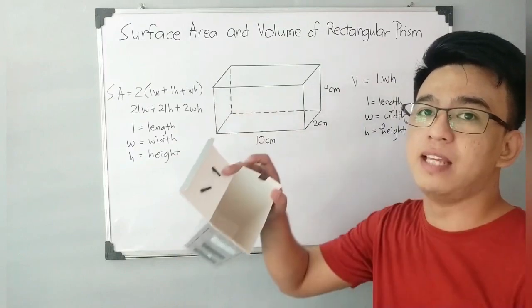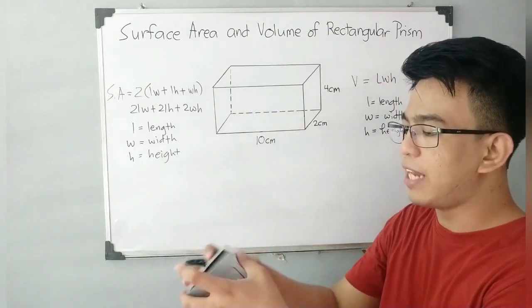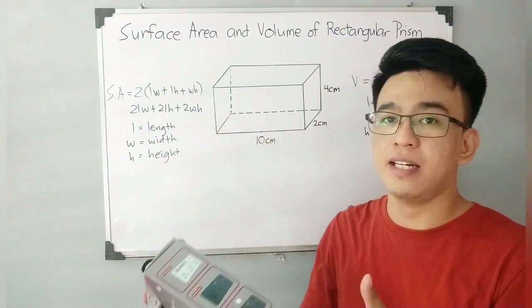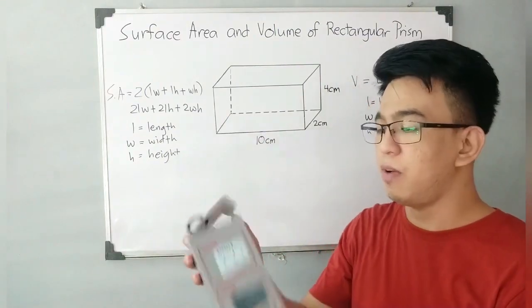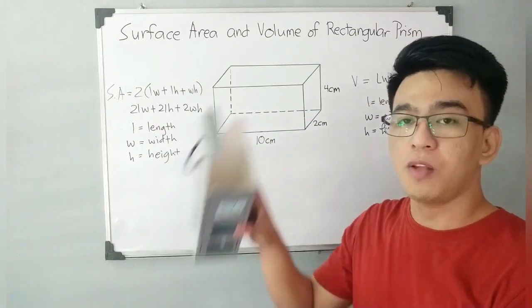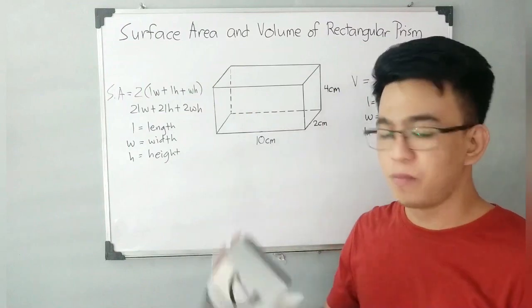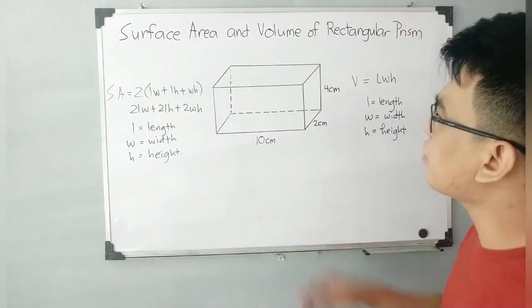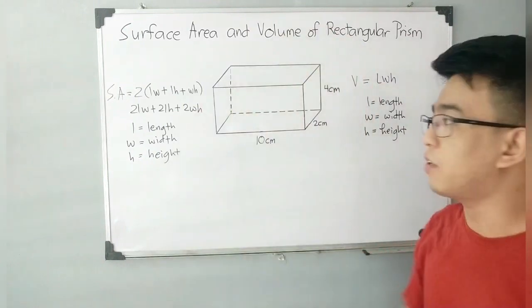Okay? Yun yung difference nila. Again, yung surface area natin ay yung sum ng lahat ng faces ng ating rectangular prism, while the volume, yung kinakalculate natin dito ay yung total capacity ng isang solid figure. So let's start solving for the surface area and volume of this given figure.